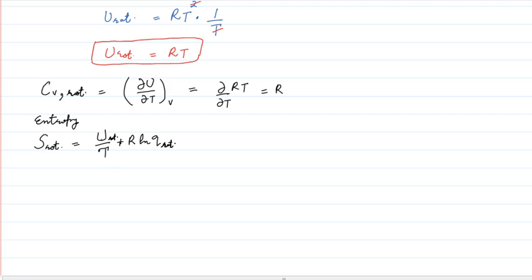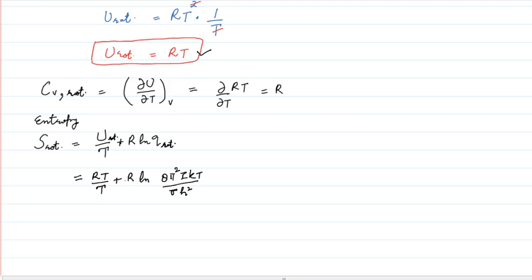So we already derived this. The internal energy is basically equal to RT. We will write the value here, RT upon T, plus R ln of the rotational partition function, which for a diatomic molecule is equal to 8π²IkT upon σh².